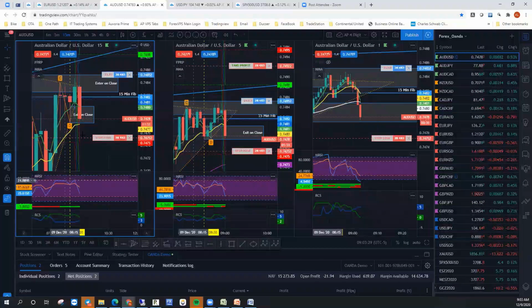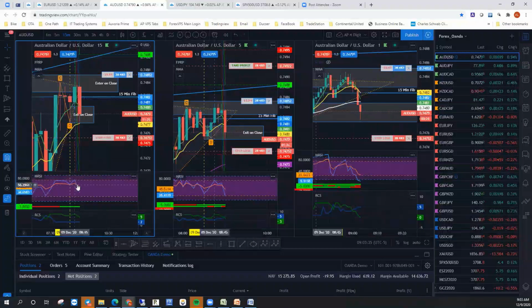The best way to look at this right now is to wait till the 8 period gets down to around the 75 region, which is this bottom orange line, get the hook on the 1 minute, and then take it long.